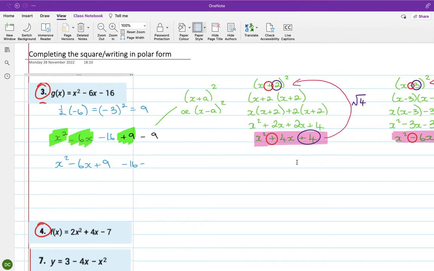So I want to write that bit there that I've underlined as a perfect square. The way we do it is we have our x that goes in the first position. To get the spot at the end, we're going to do the square root of the 9.